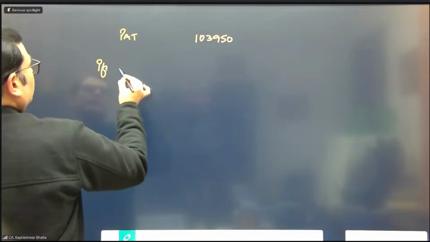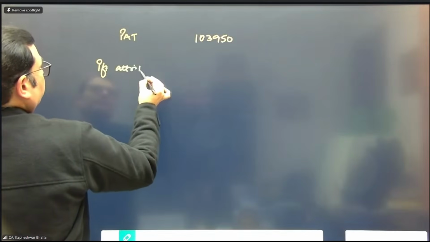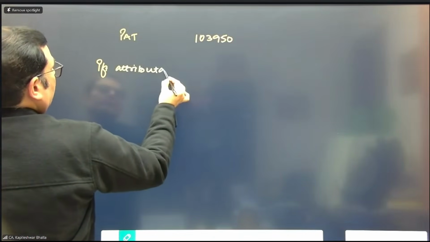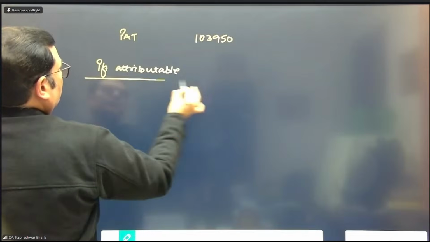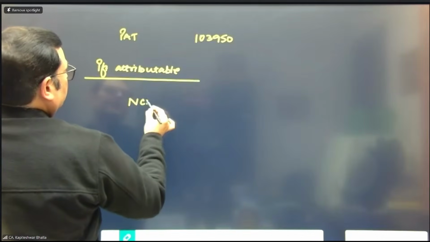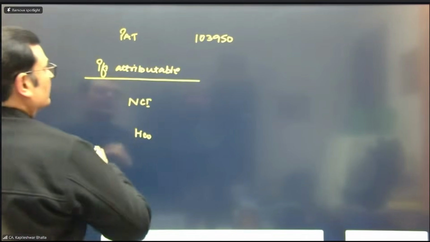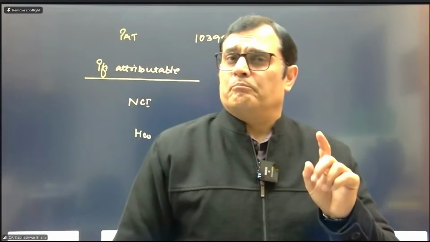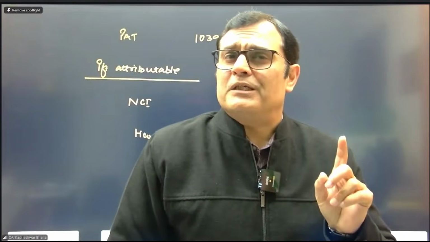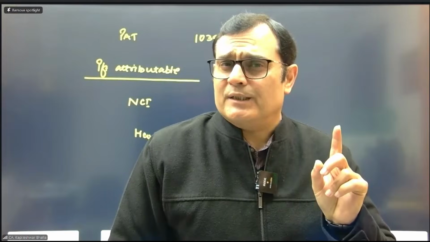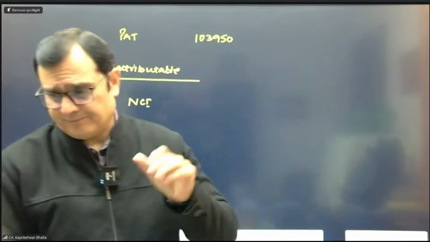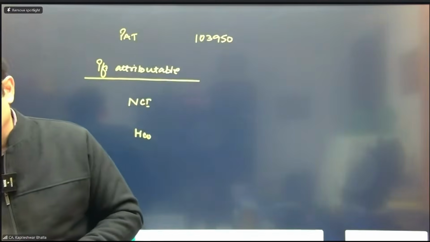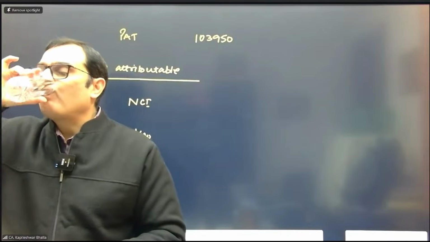And we will consider what is the profit attributable to the NCI and to the holding company. So NCI will be computed based on book earnings or based on rectified earnings. I think let's ask you that. Book earnings or rectified earnings?